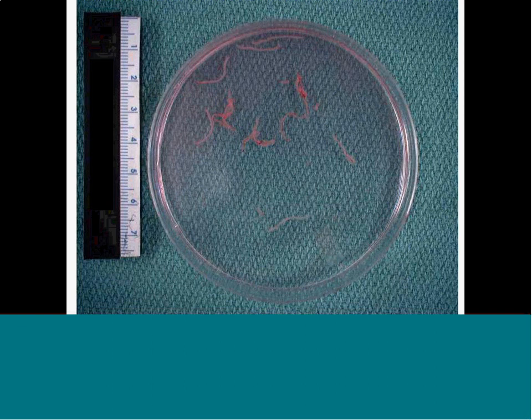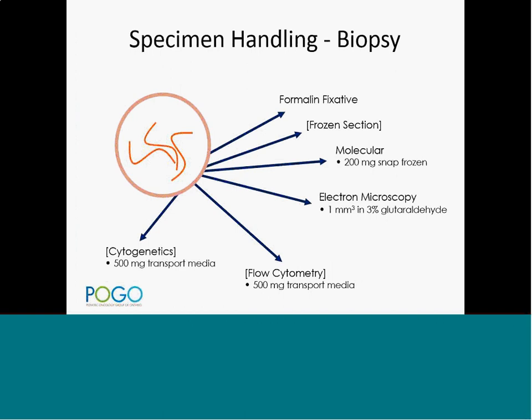I'm going to talk just briefly about how we handle biopsies and resections at SickKids. I don't think it's something that will be new to you, but it's just a good reminder on the prioritization, particularly with small biopsies. So we get core biopsies. We always obviously save some for formalin fixation.